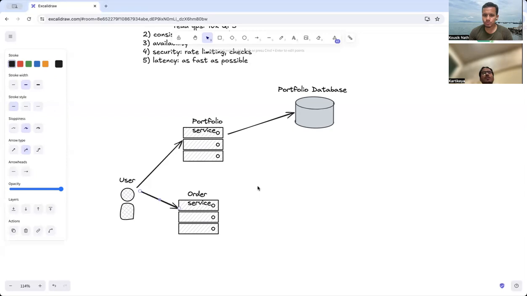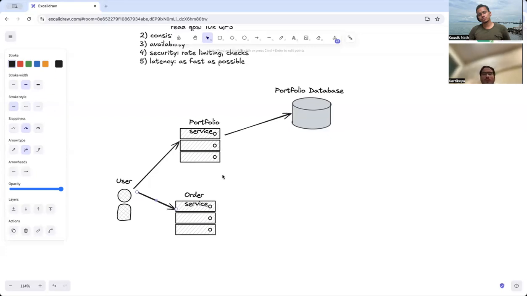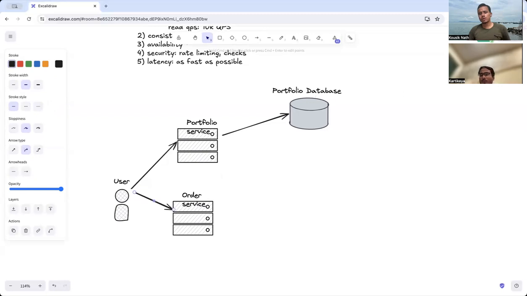There are two kinds of orders basically: one which were placed but were not executed, so they were not successful, and the other which were successful. We need to store both of them anyway, irrespective of whether they were executed successfully or not.